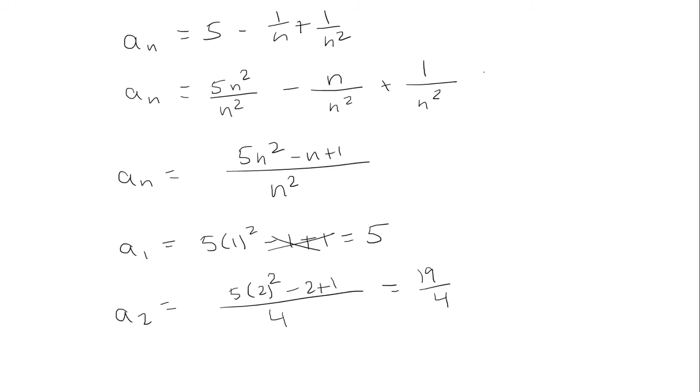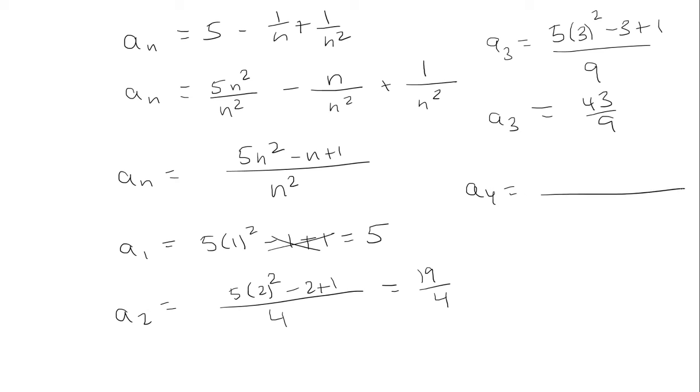Go down to the third term. The denominator is going to be 3 squared, which is 9. And then we have 5 times 3 squared minus 3 plus 1. And that's going to simplify to 43 over 9. For the fourth term, the denominator is going to be 4 squared. And then the numerator we have 5 times 4 squared minus 4 plus 1, which is 77 over 16.